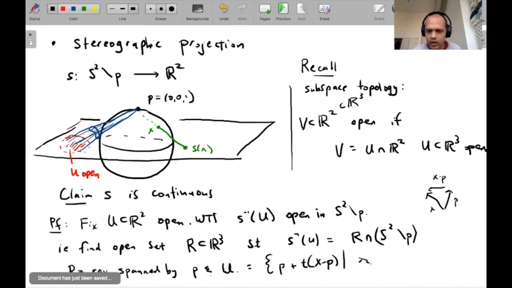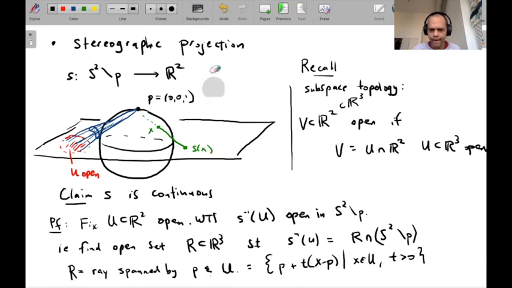Here X is in U, and t is greater than 0. I think this is the right expression. This is the union of all the rays from P to a point in U. Positive rays, so t is positive there.